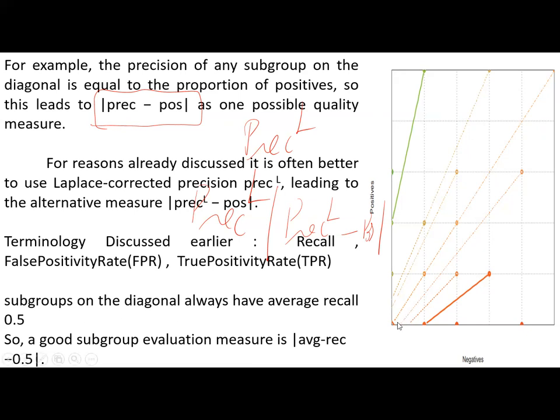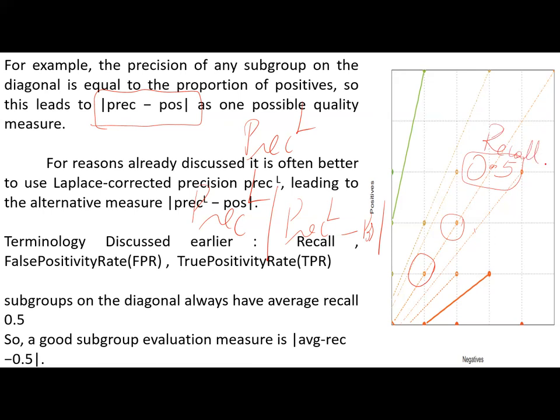Subgroups on the diagonal always have average recall of 0.5.